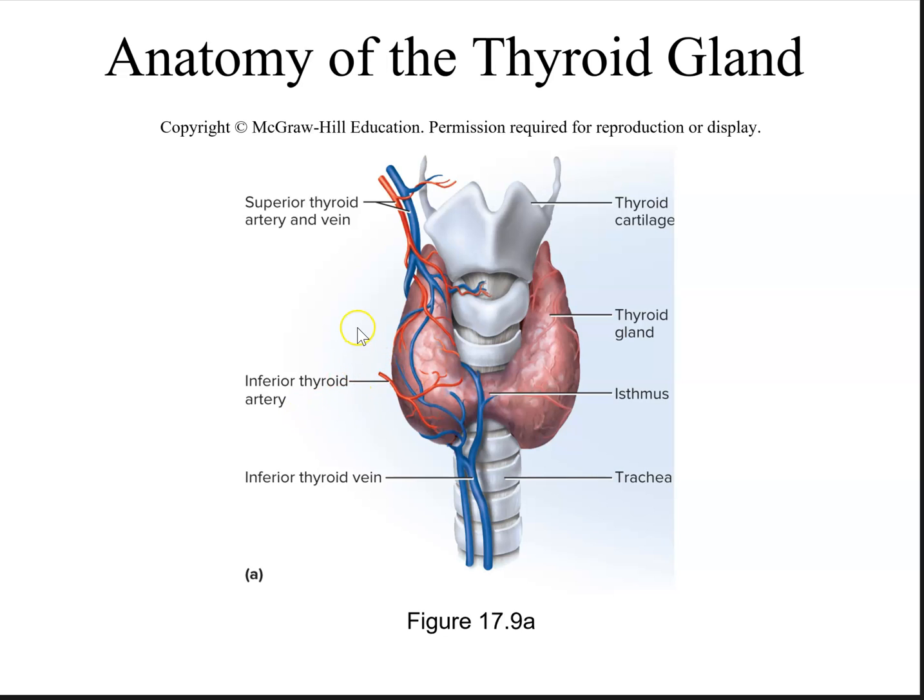So the fact that the thyroid gland is really close to the aorta and right from the heart means it's one of the regions that gets a lot of blood supply. That is because one of the major functions of the thyroid gland is to increase the metabolism of the body.